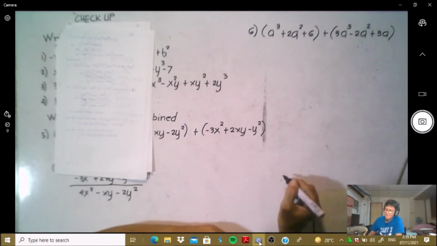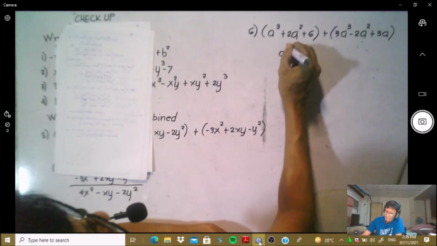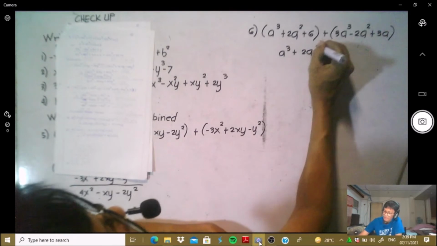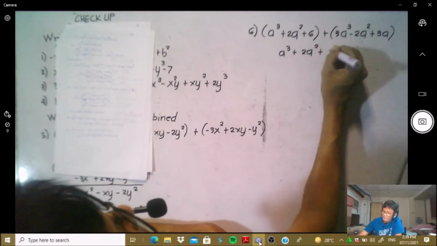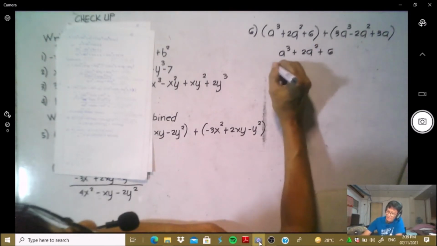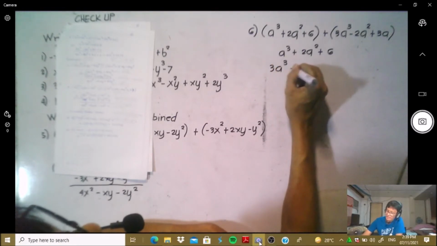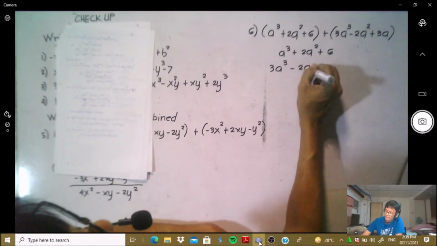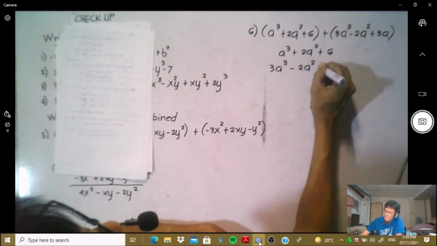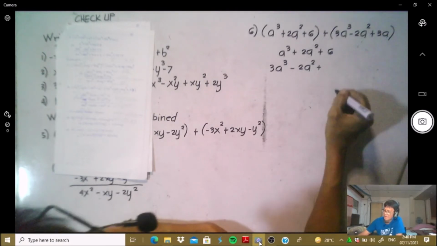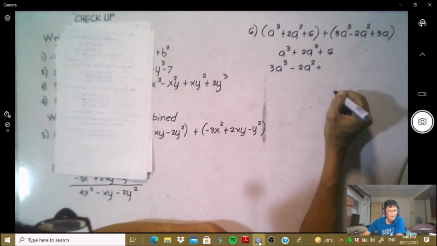Okay, so it's already arranged in order. So we have a cubed plus 2a squared plus 6. Then we have 3a cubed minus 2a squared plus 3a.